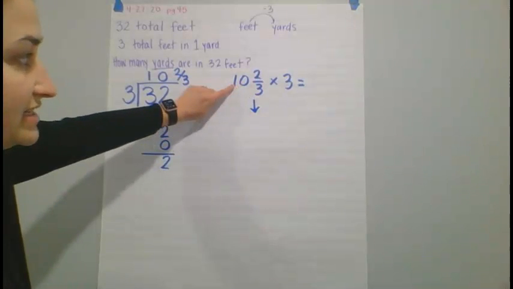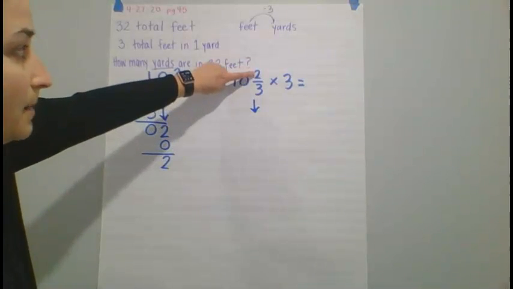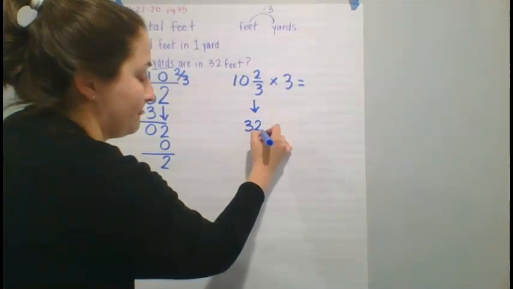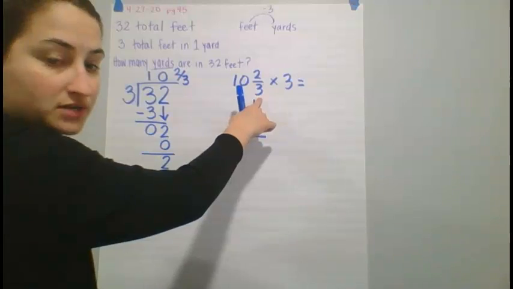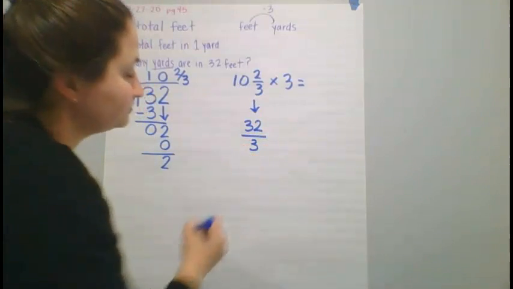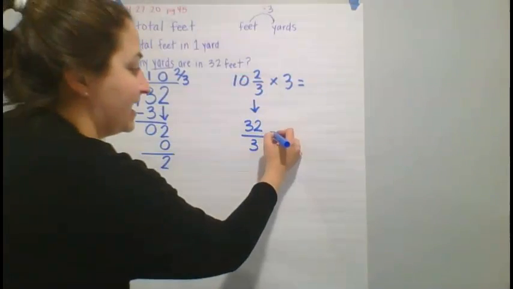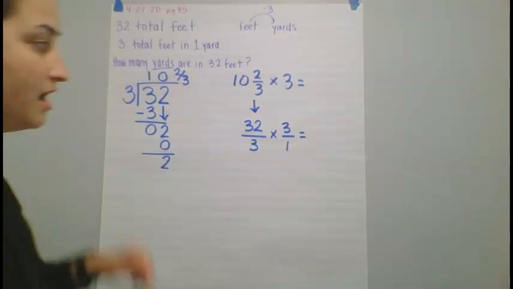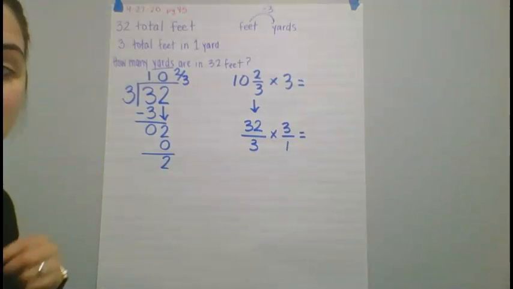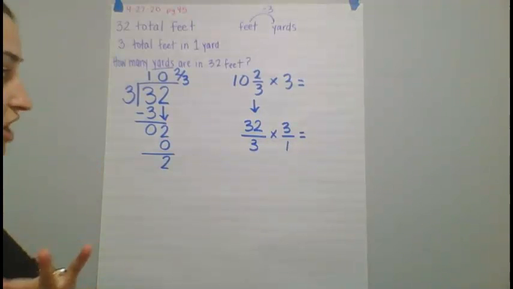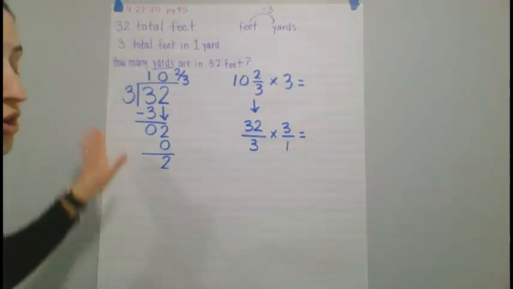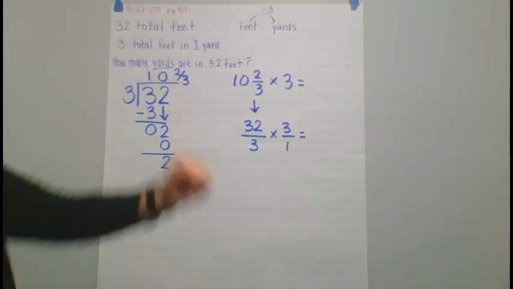So we take 3 times 10, which is 30, plus 2, which is 32. And then we put that over our denominator of 3. Then we multiply that by 3 over 1. And remember, this is not a division problem. We're starting with multiplication, so we do not do any keep change flip. We just multiply straight across.